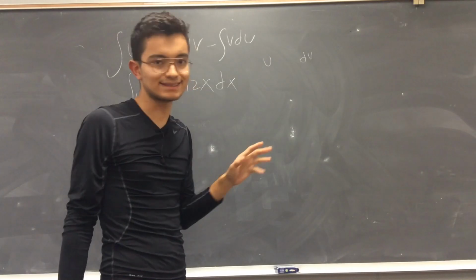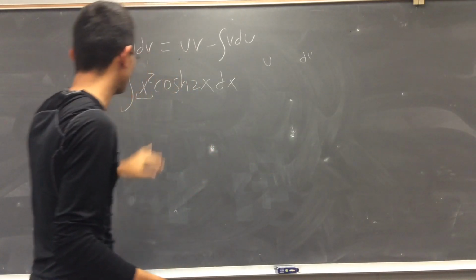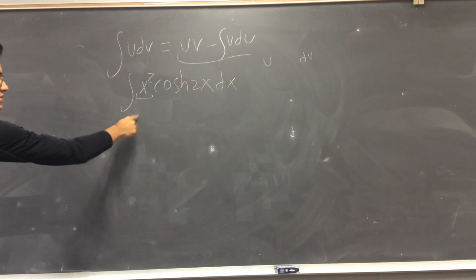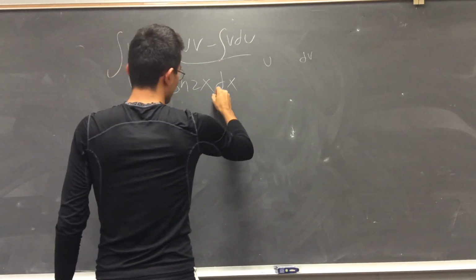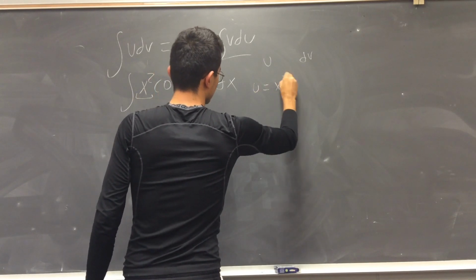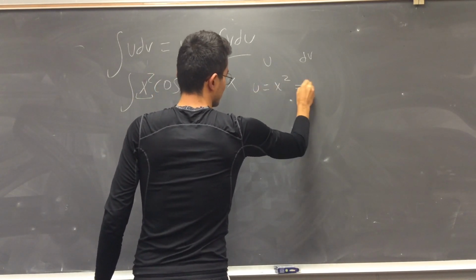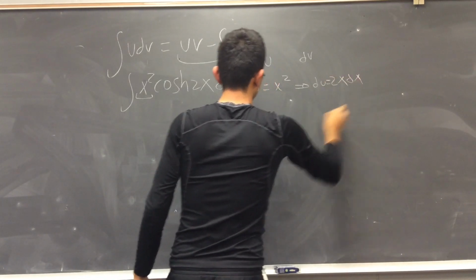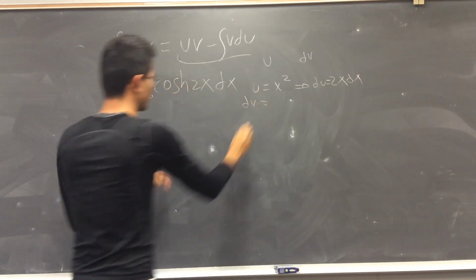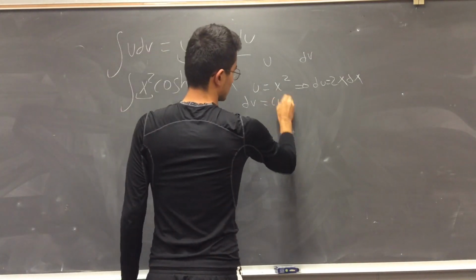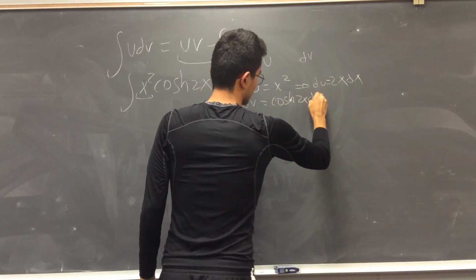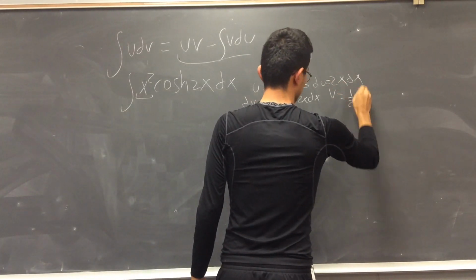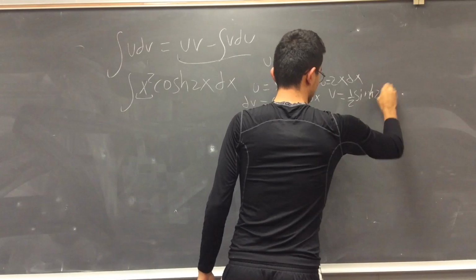So if we use the classic integration by parts procedure, I'm going to show you how to do it. We choose u to be x squared, so du will be 2x dx. And dv we chose to be cos 2x dx, which means that v is the integral of this, and that's going to be a half sinh 2x.